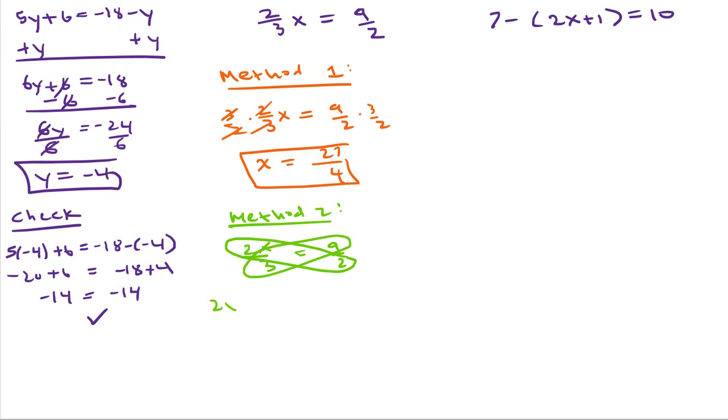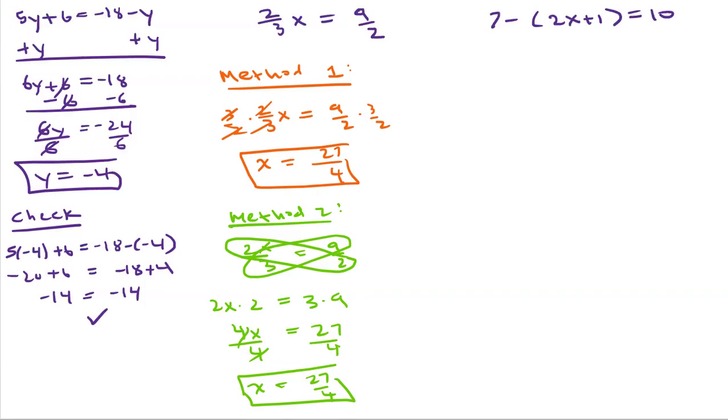That's going to give me 2x times 2 is equal to 3 times 9. So 2 times 2 is 4, and I have 4x. And then 3 times 9 is 27, and divide both sides by 4. And we get x is equal to 27 over 4. Okay, so that's another method.